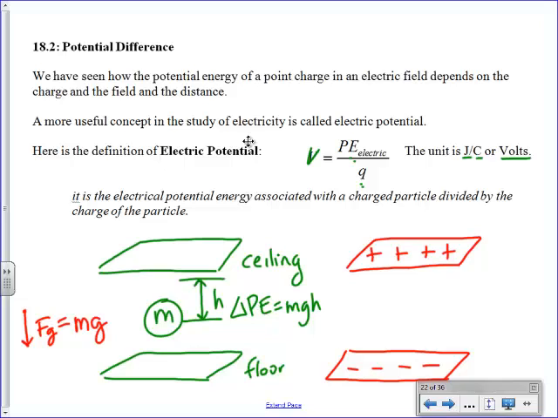And it works the same way with charges. If I have a positively charged object, and if I were to lift that object in the field, or rather move it opposite the way it wants to go, so if I move it toward those positive charges, what I'm doing is I'm giving it electrical potential energy.